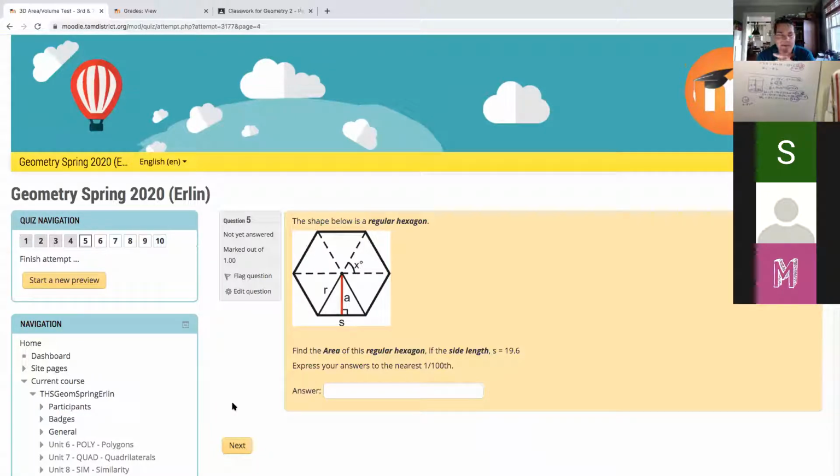Is anybody not ready to move on to 5 yet? Okay, good. So this is a two-dimensional question. It's just asking for you to find the area of a regular hexagon. And although the formula we learned based on all regular polygons is 1/2 apothem times perimeter, there is a formula that I have on my little note sheet here that makes it super easy.